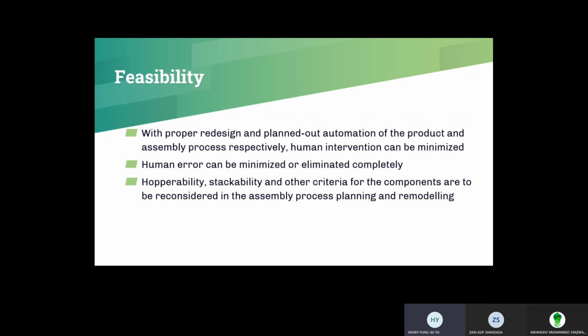We also minimize the human error and try to eliminate it, but somehow we still have some teeny problems that won't matter to the process itself. The hoppability and stackability, along with the other criteria of the components, were reconsidered in the process of planning and remodeling, and most of the problems are solved.